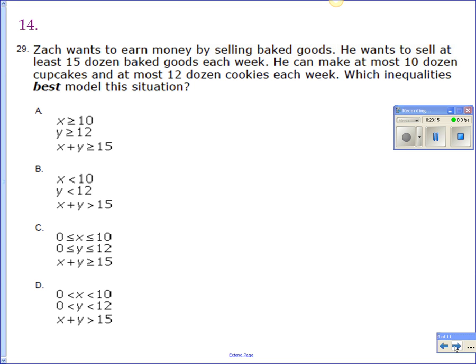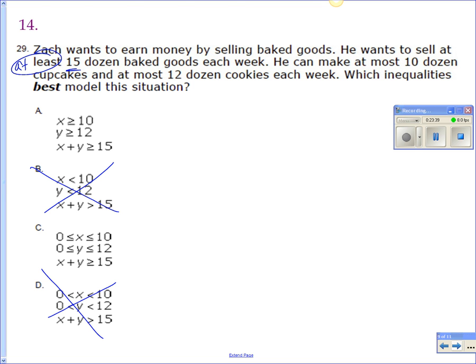There's too much going on. I can't do that. Yes, you can. Look, right here, it says at least 15. What symbol is at least? Greater than or equal to. Does that have greater than or equal to 15? Okay. Does this have greater than or equal to 15? Does this have greater than or no?